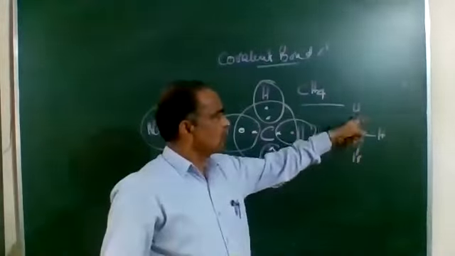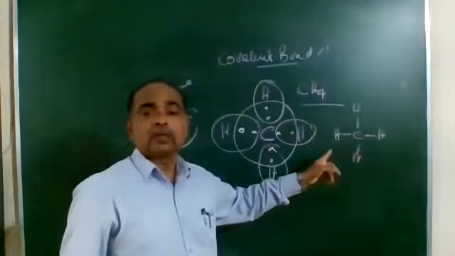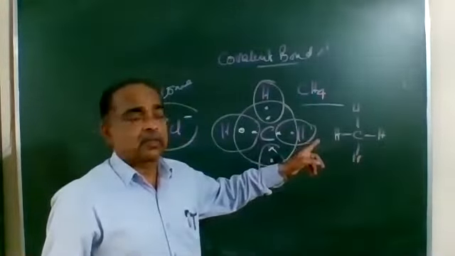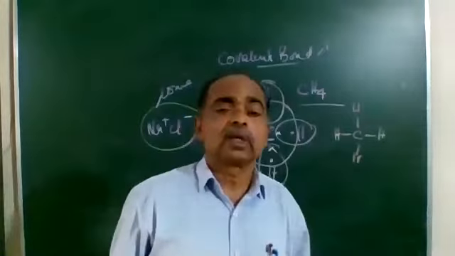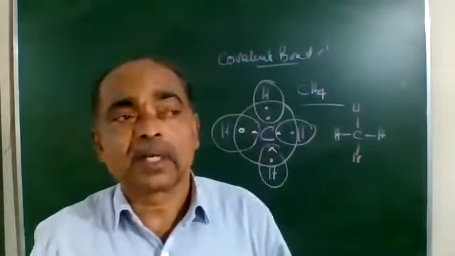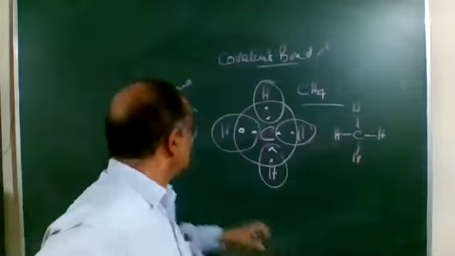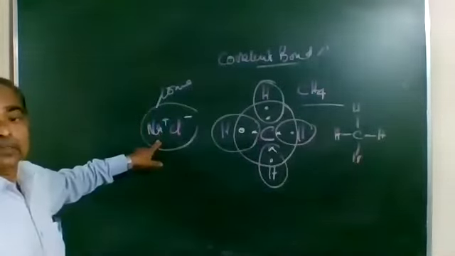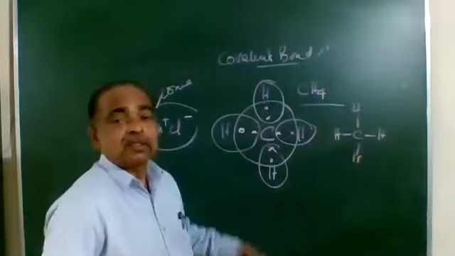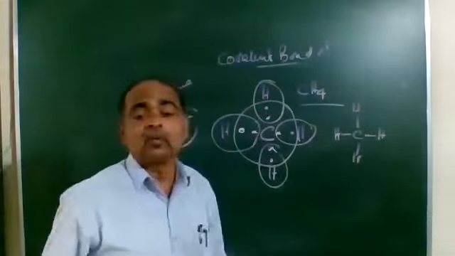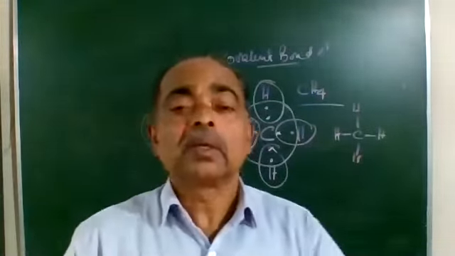And in CH4, the force of attraction between the atoms sharing the electrons is very weak. The stronger force of attraction has made the ionic compound solid, and here the attraction is weak. That means covalent compounds are generally gases or liquids.